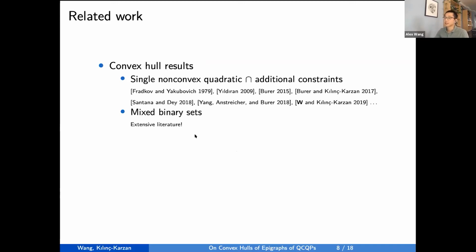In contrast, the results I'll show you today don't make any structural assumptions on the quadratic functions individually. We will only be making assumptions on how they interact with each other.